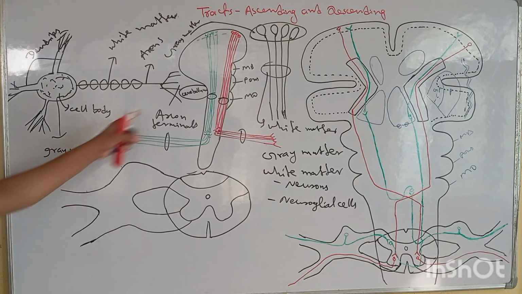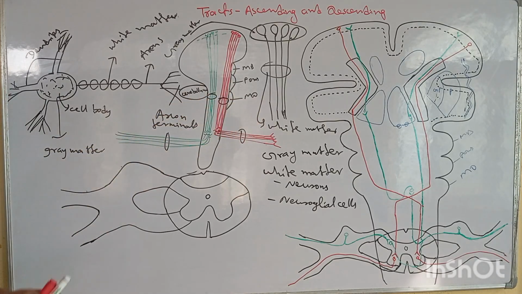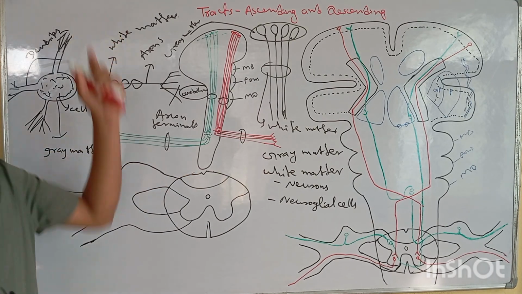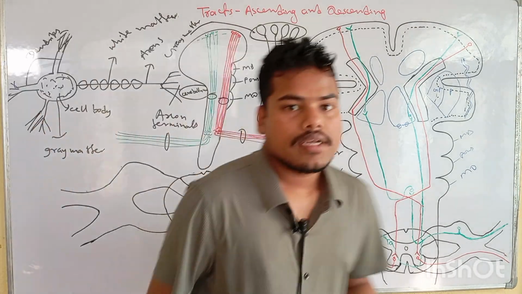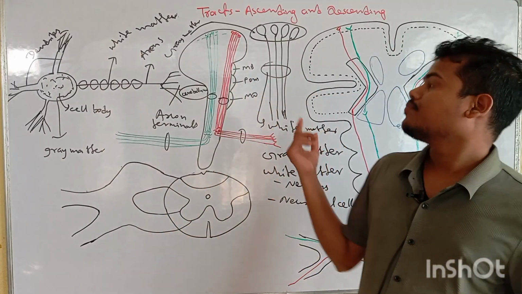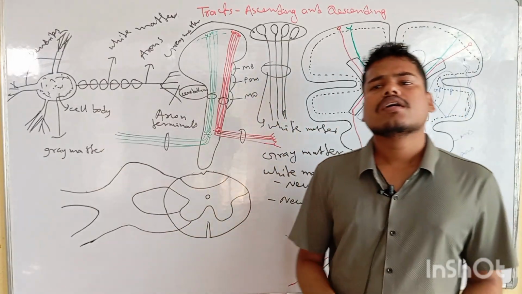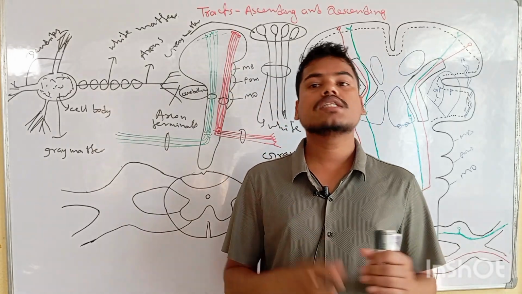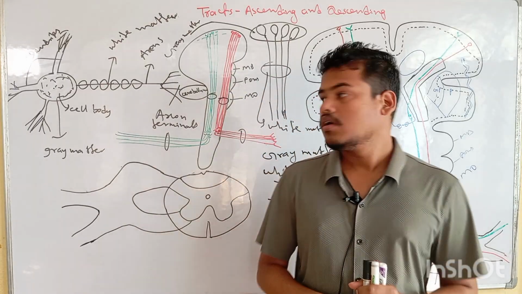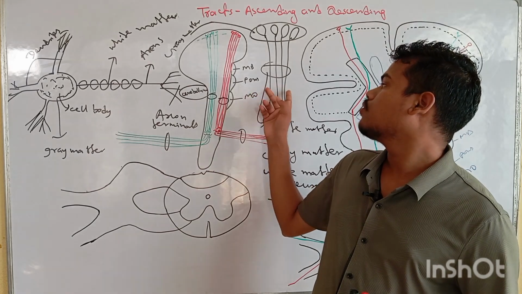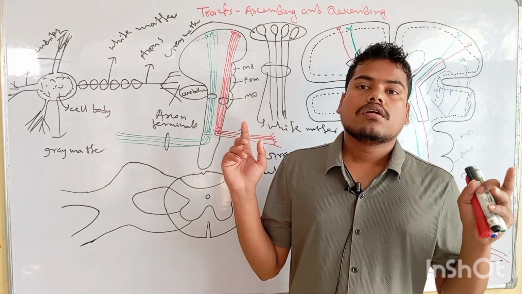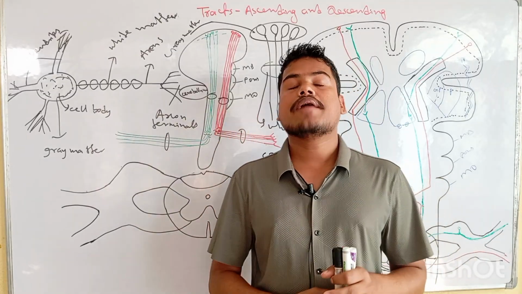Now, as we have talked about white and gray matter, let's understand what a tract is. Before moving on to that, in the central nervous system there are basically three types of fiber. This axon we call a fiber, a nerve fiber too.